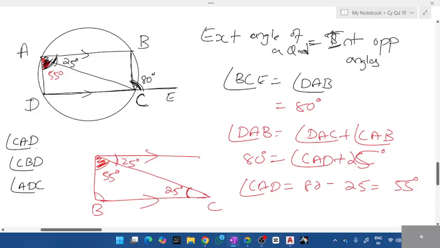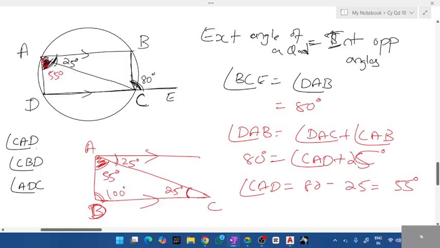So what is angle B, students? Not angle B, angle D. What is angle D? 180 minus 80.